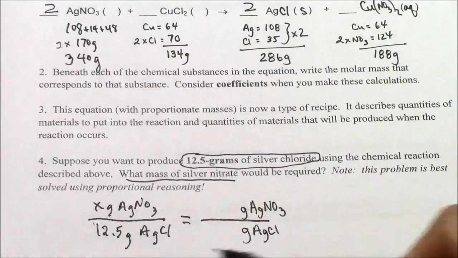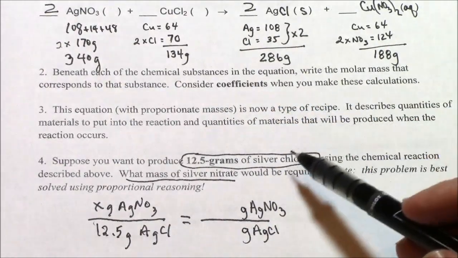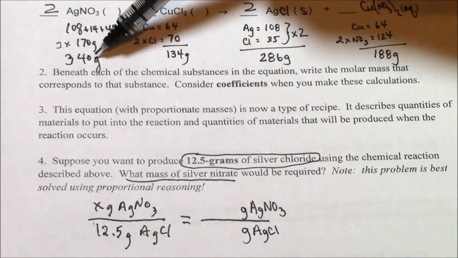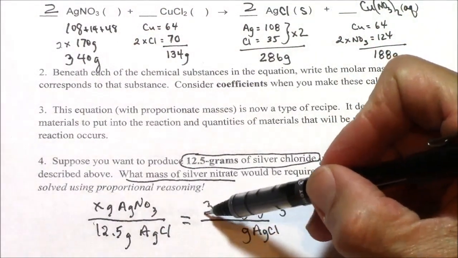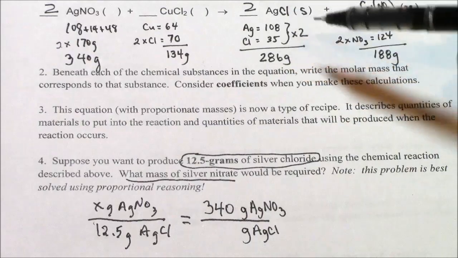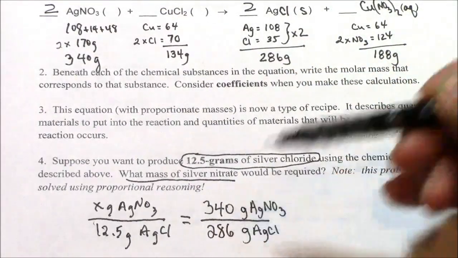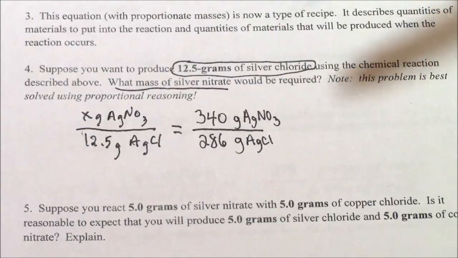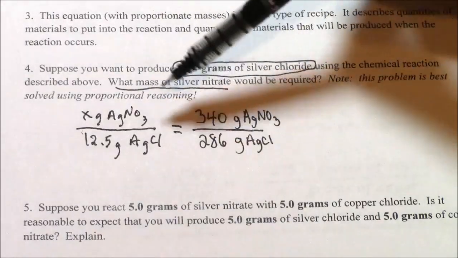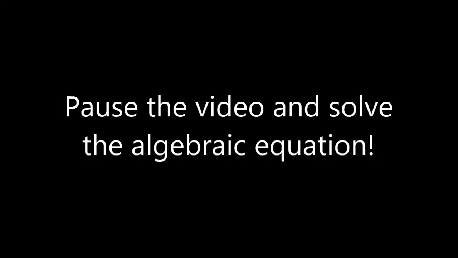Your proportion may look different, you might have lined it up differently, but it has to have the numbers that I'm about to put in. The truth, 340 grams of silver nitrate corresponds to 286 grams of silver chloride. If you haven't already solved this, pause the tape now and solve it before I show you the answer.